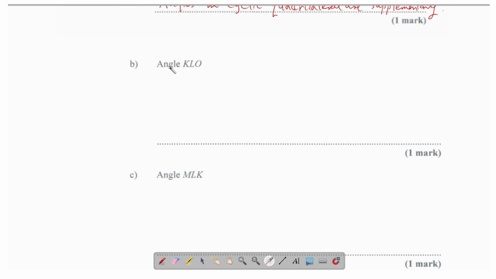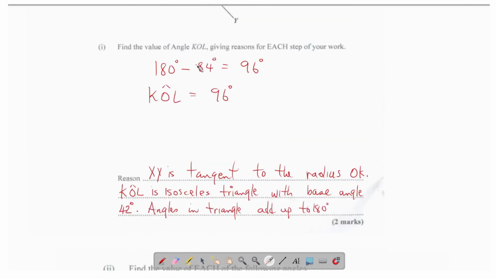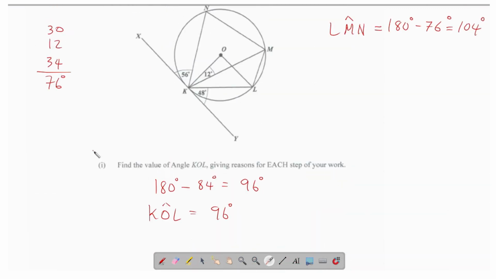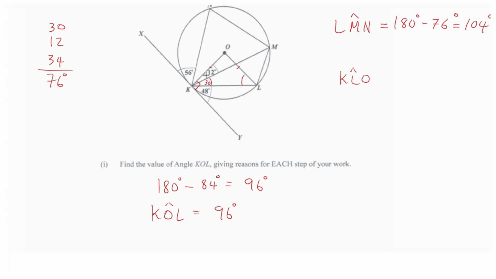Part B, we want to work out the angle KLO. So let's look at the diagram for that. KLO. So we want this angle here. So let's mark this KLO. So KLO is this angle.